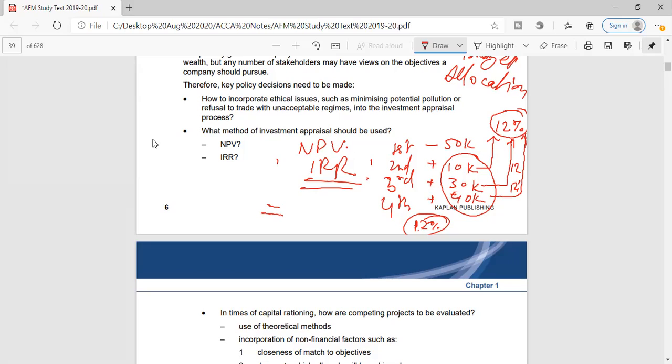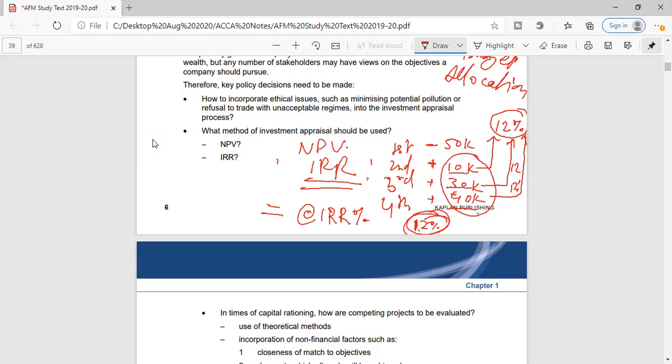That means you need to have at least 12%, or at the rate of IRR, as the return to make any investment. If your IRR is 12%, like if you're investing 50,000 and you expected to get all this money, then your IRR is 12%.